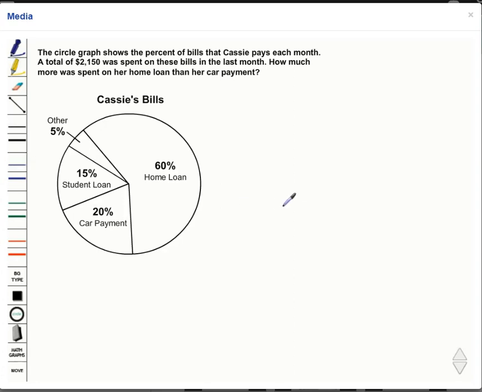Let's look at this question in two different ways. First, we'll determine how much was spent on each.